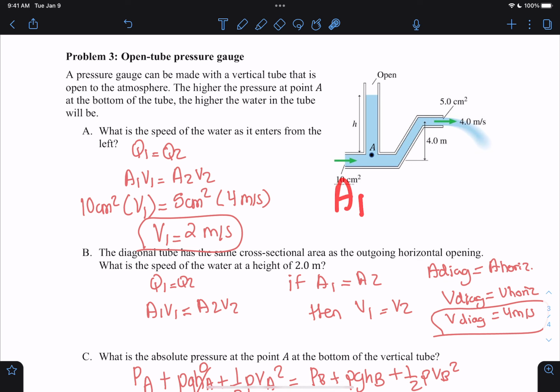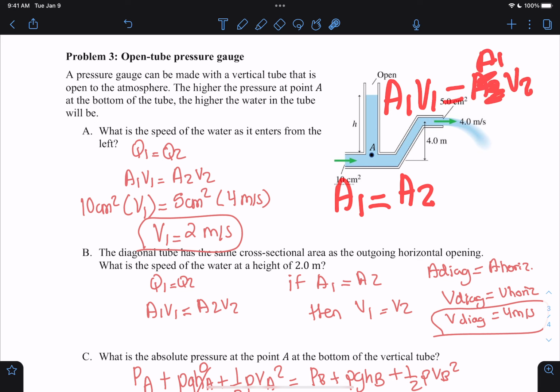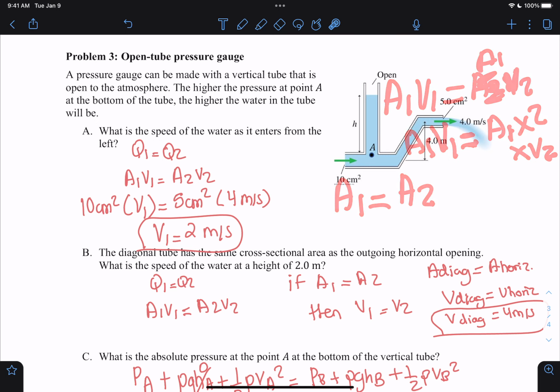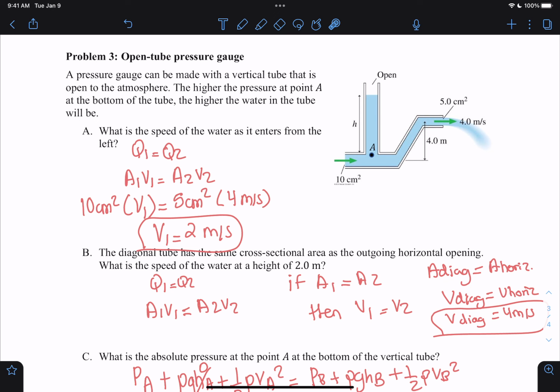So if A1 is the same as A2, then A1 V1 is equal to A2 V2, where A2 is also equal to A1. If V2 was doubled, it becomes A1 times 2 times V2, and you have A1 V1. Then in order to have the same flow, what should I do to V1 here?